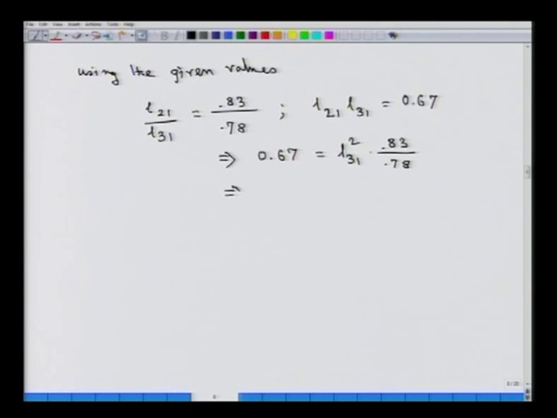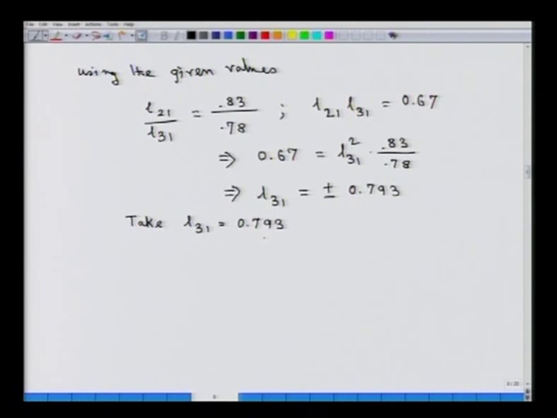This leads us to the numerical value of L31 squared. We can straight away write the L31 value, which is one of two values, plus or minus 0.793. So using the two equations we get this solution. Now let us take this L31 to be the value with the positive sign.